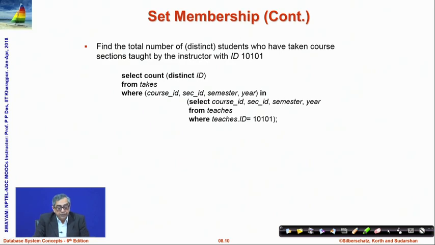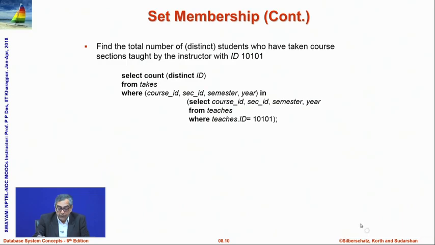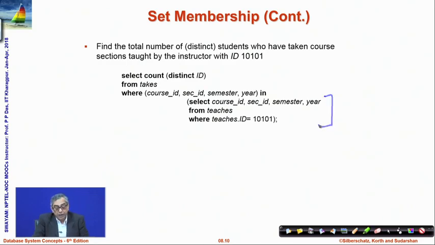We find the total number of distinct students who have taken the course section taught by the instructor, some ID is given. So, again we form a nested query. Here is a nested query which tells me the courses taught by this particular teacher 10101, and then we check set membership in terms of this course ID, section ID, that is fields of the takes relation, to see whether that particular tuple can exist in the course offered by the specific teacher.